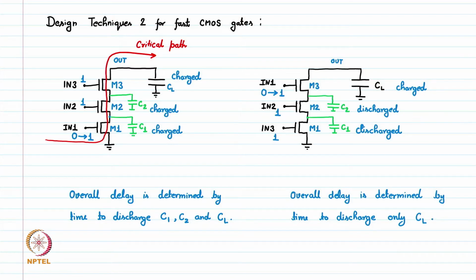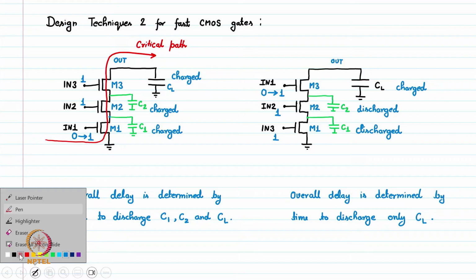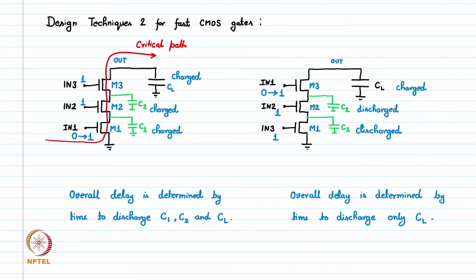So here we have the critical path which is from this input 1 to the output 1, and this has definitely the lower delay value compared to the earlier critical path.